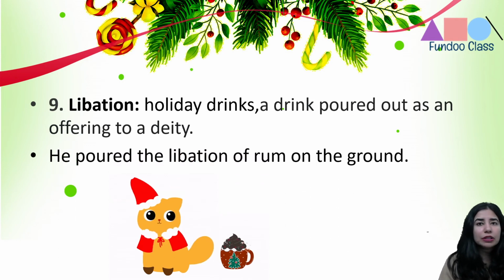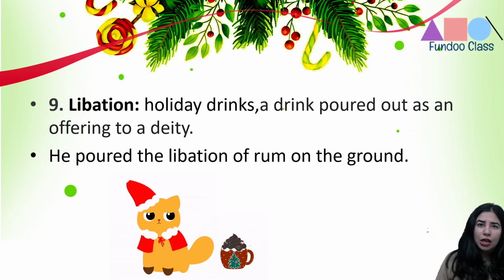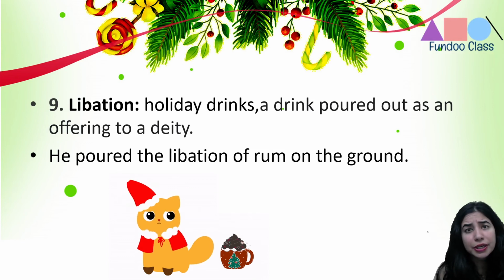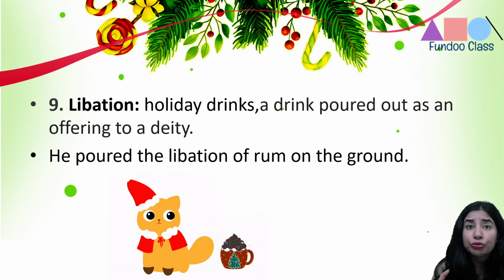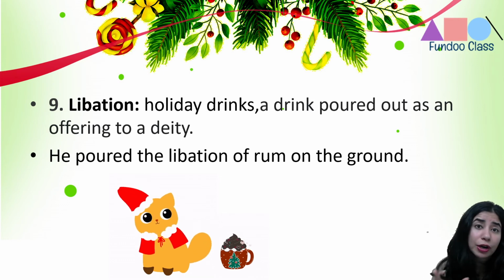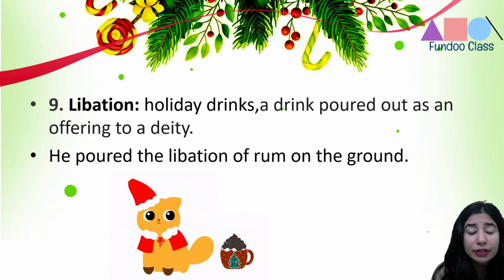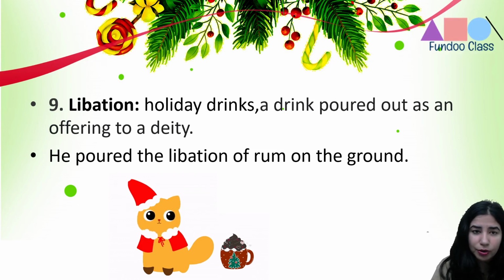Again, a term especially pertaining to Christmas and festivities. We are doing a lot of specific terms associated with Christmas, so that if you're seeing these terms around, you don't feel misplaced or unaware of the word. So libation is a word that means holiday drinks, a drink poured out as an offering to a deity.